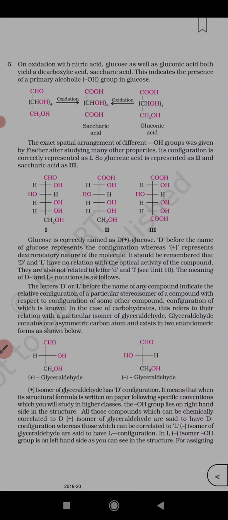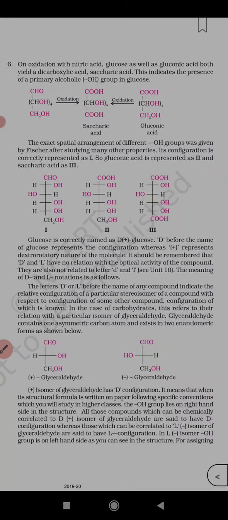The bottommost carbon is not chiral, it is achiral, so the lowest asymmetric carbon is the second carbon from the bottom. In plus glucose, the OH on the lowest asymmetric carbon is on the right hand side, which is comparable to plus glyceraldehyde. So plus glucose is assigned capital D configuration.